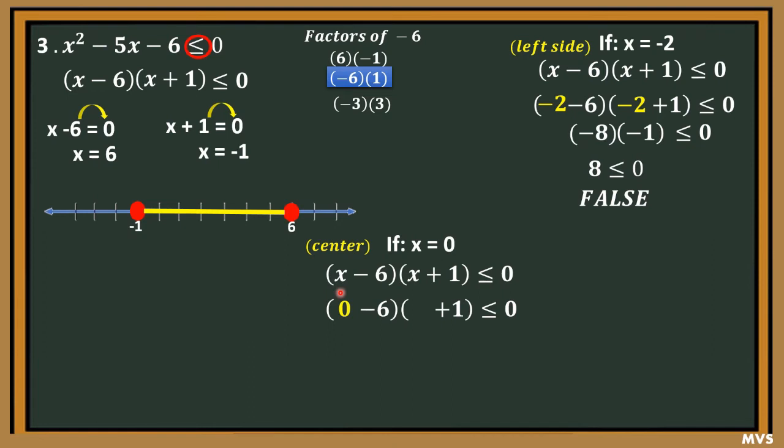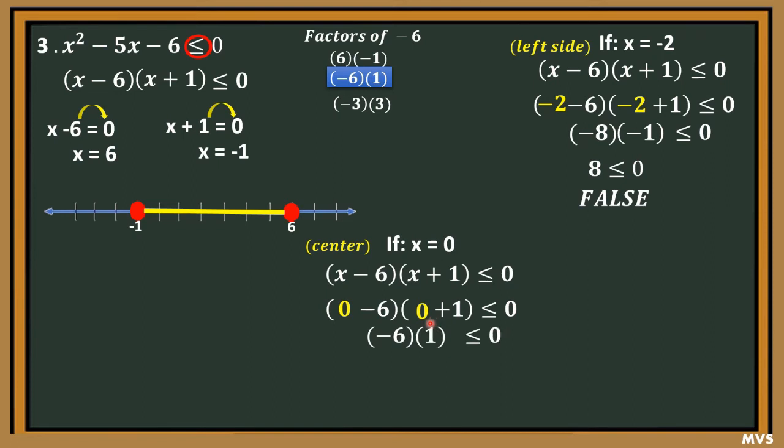Just copy minus 6. x is 0. Then, copy plus 1. Copy less than or equal to 0. Then, simplify it. 0 minus 6, that is negative 6. 0 plus 1, that is positive 1. Just copy less than or equal to 0.